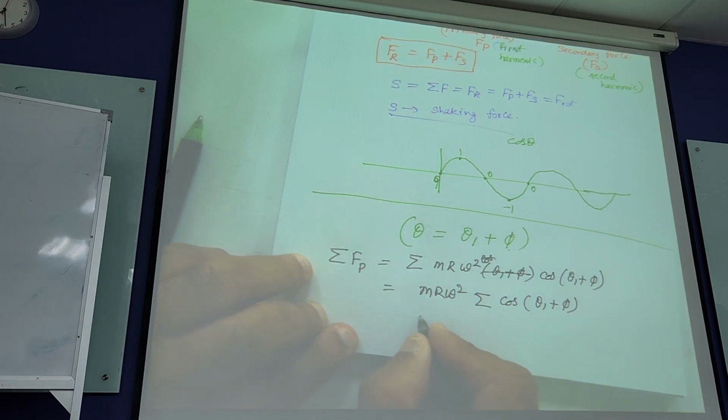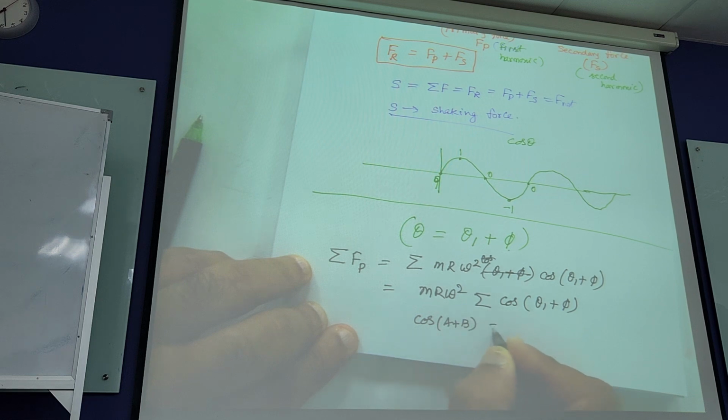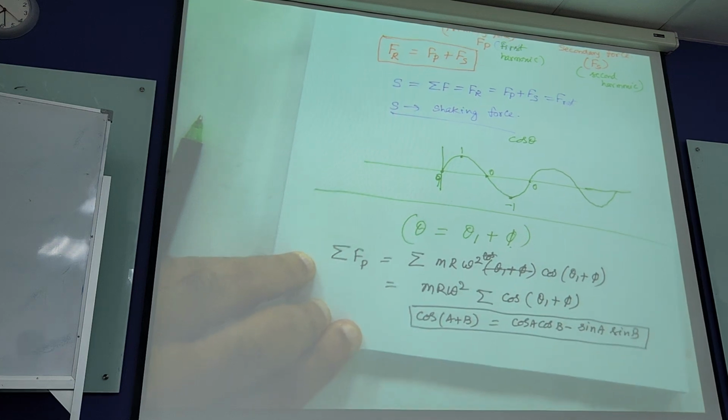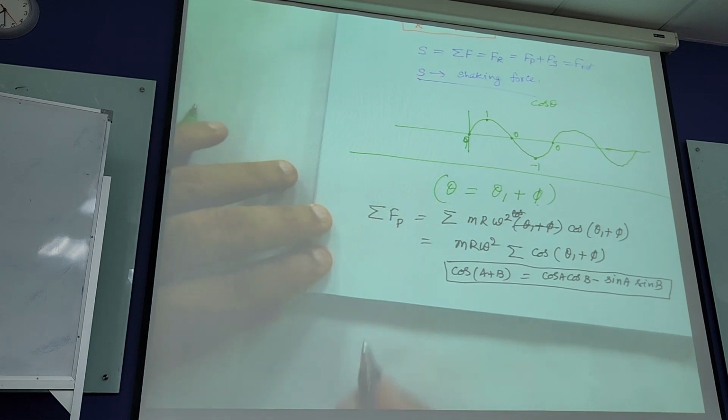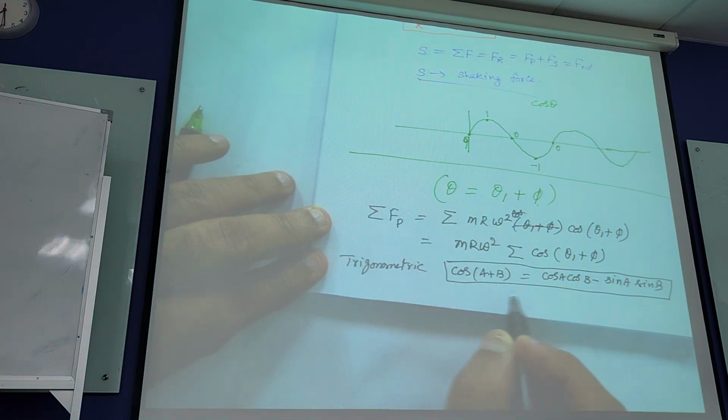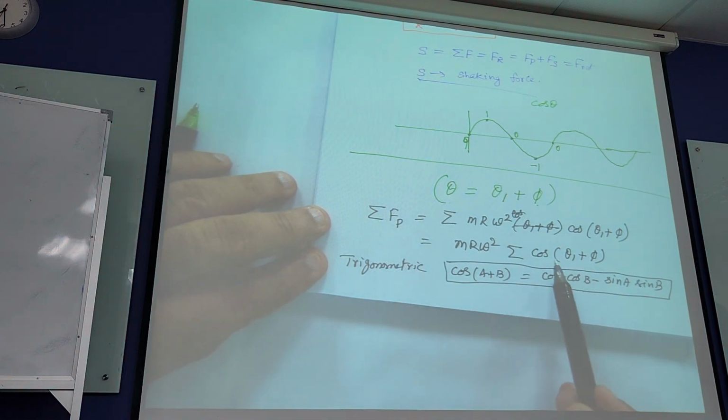You know the trigonometric identity: cos(A plus B) is equal to cos A cos B minus sin A sin B. We are going to use this trigonometric identity to expand this term.